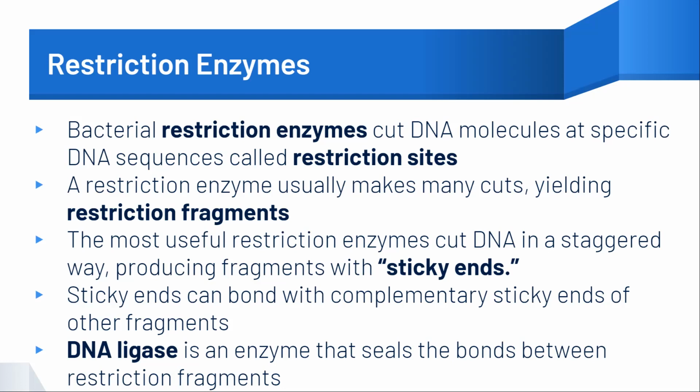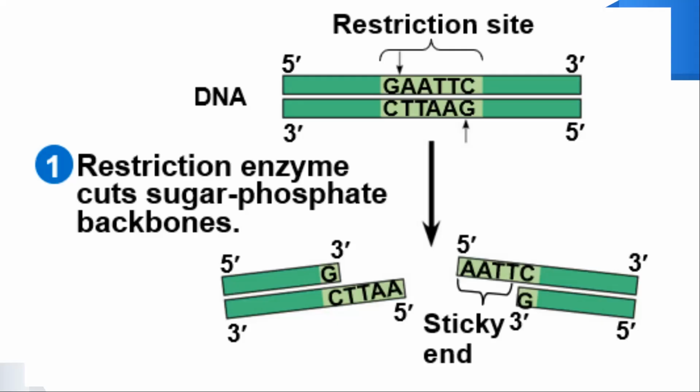So what scientists will do is they will cut the DNA with those sticky ends and then stick it together with another piece of DNA that's been cut with the same restriction enzyme. And then we can use DNA ligase to bind those pieces together.